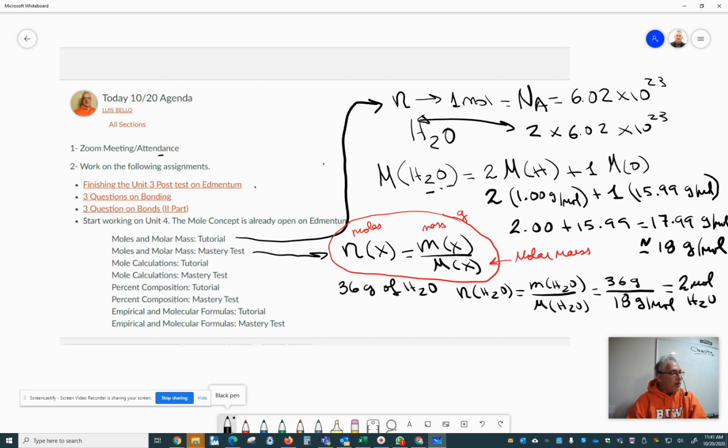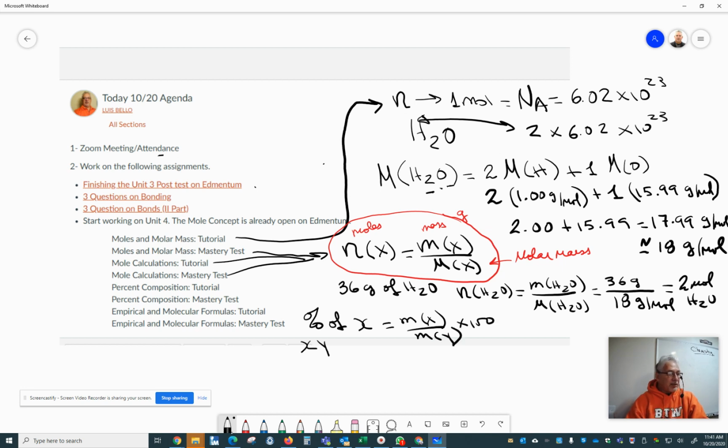So the next thing will be, well, this is mole calculation. Percent composition. What is the percent composition? The percent composition of any substance, I will call X, in a formula XY will be equal to the mass of X over the mass of XY times 100.